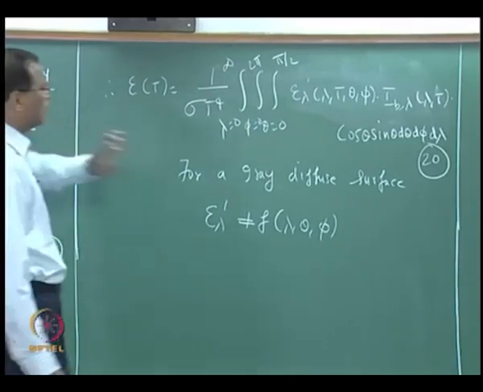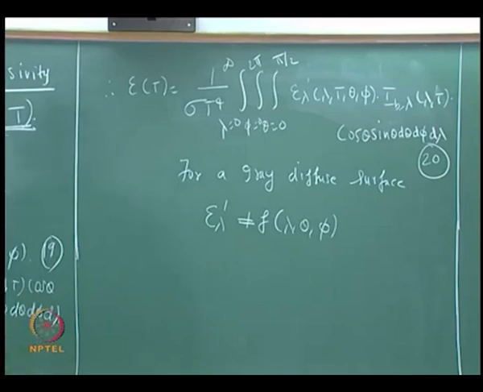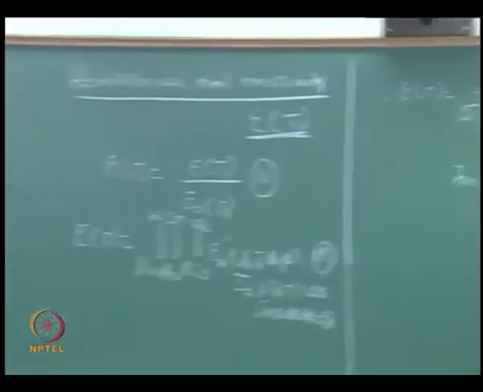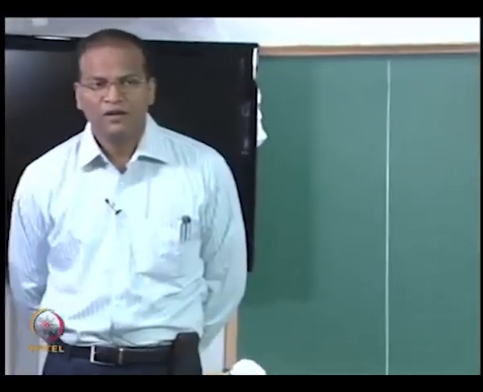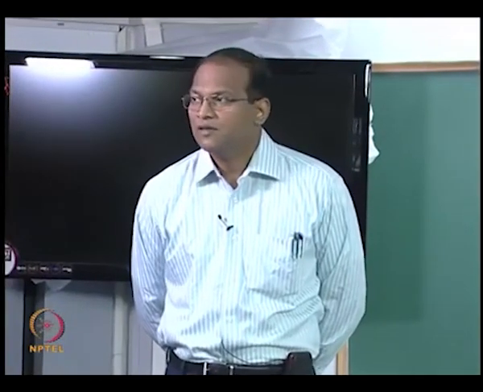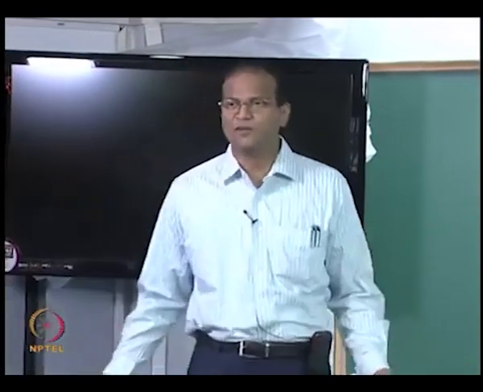Therefore, epsilon lambda dash can be taken out of all the three integrals, correct, and the triple integral of I B lambda cos theta sin theta d theta d phi d lambda is given by, what is that finally? Sigma T to the power of 4, that was the Stefan Boltzmann law, right?